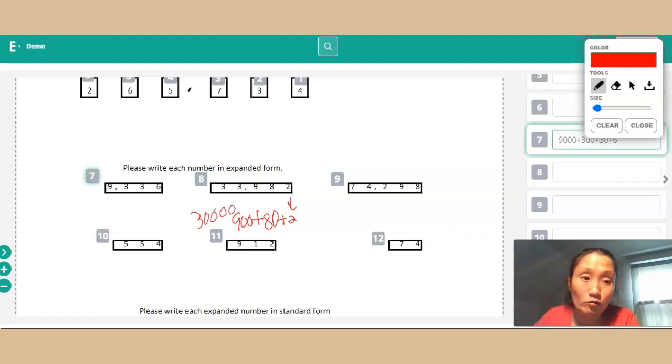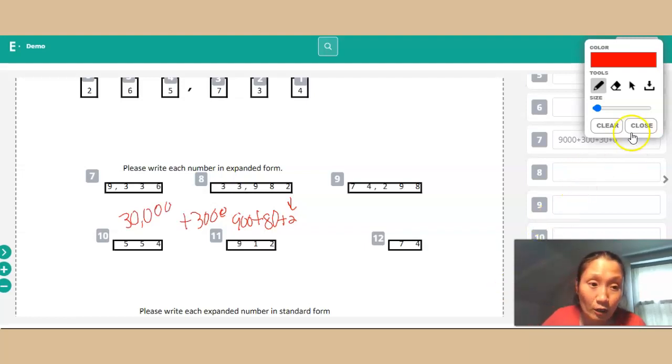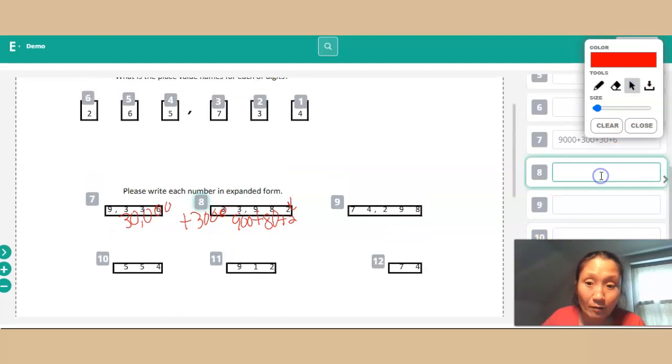Excuse me, too many zeros. So there's that. So 3,000. Plus, I have 3 groups of 10,000. So that'll be 30,000. So what I'll type over here is 30,000.